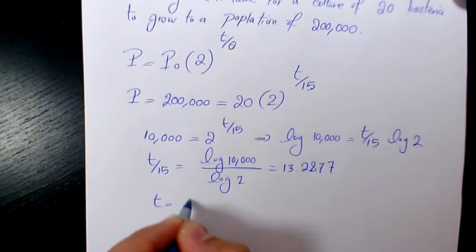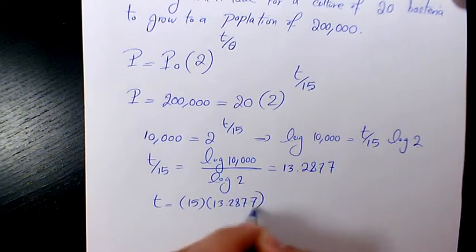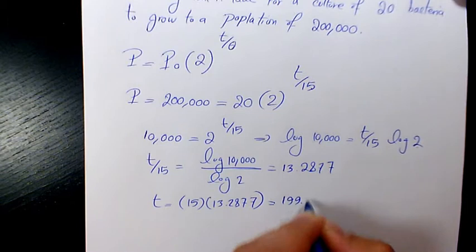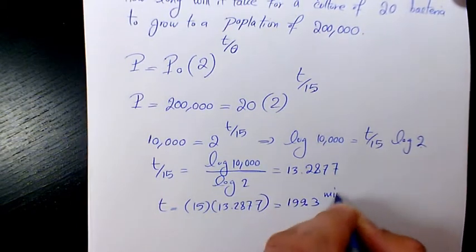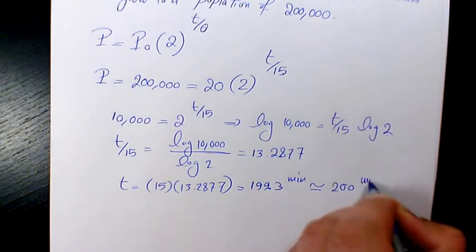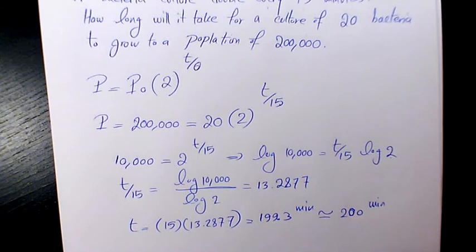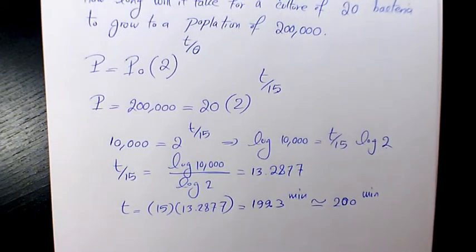So t will be 15 times 13.2877, which gives me 199.3 minutes. So it is going to be approximately 200 minutes in order to have 20 bacteria grow to 200,000 bacteria.